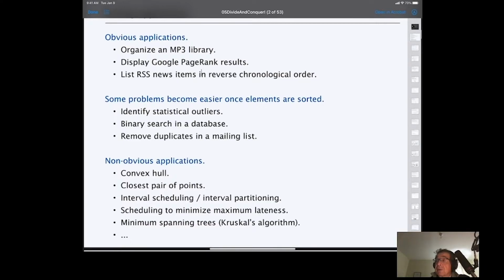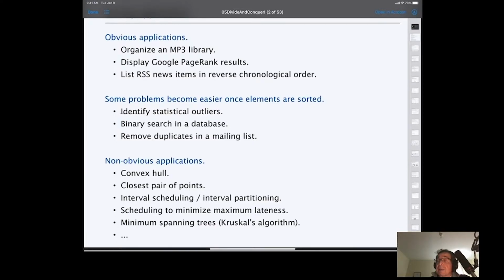Those are straightforward sorting applications, but some other problems are more subtle but still require sorting as the basic strategy to reach the final solution. One of them is identifying the statistical outliers. Okay, so we might be given a series of data, and we know that that data follows a pattern.